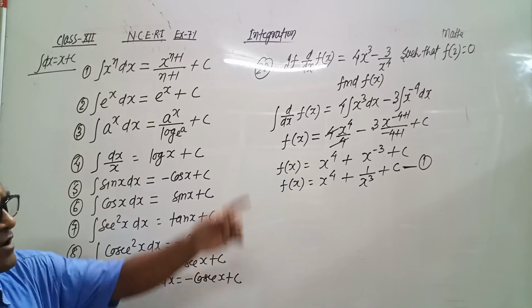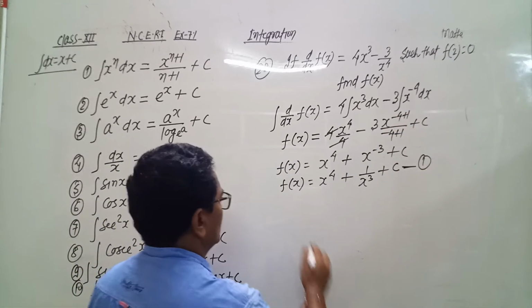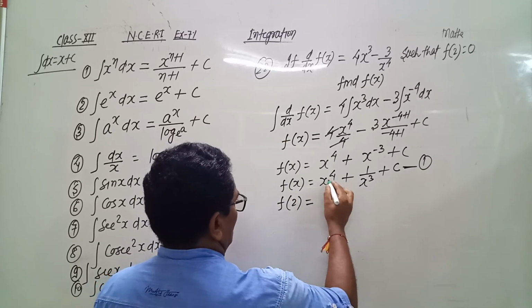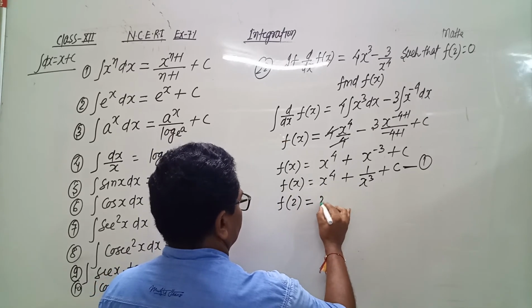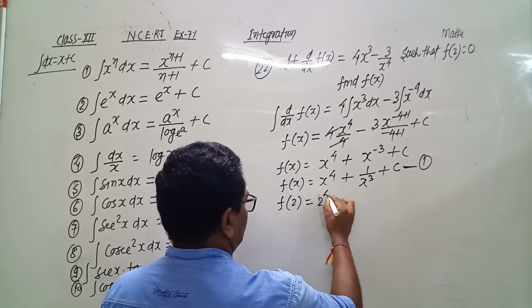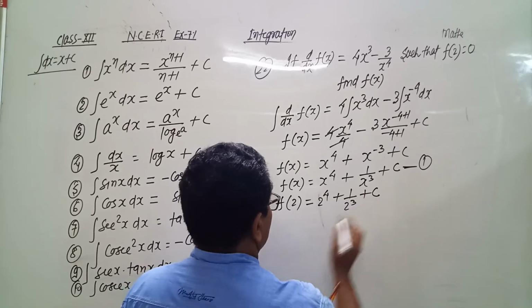Now put the value of x equals 2 because we have given f2 equals 0. So put x equals 2. So 2 raised to the power 4 means 16 and 1 by 2 raised to the power 3 plus c.